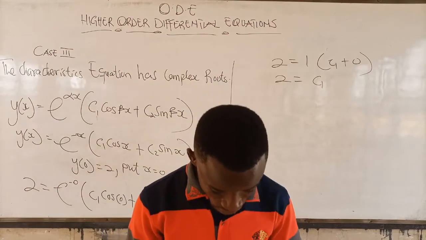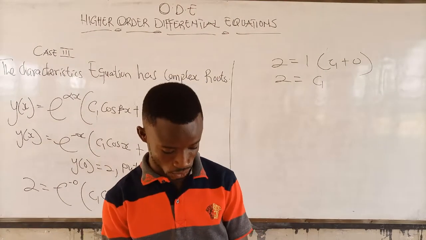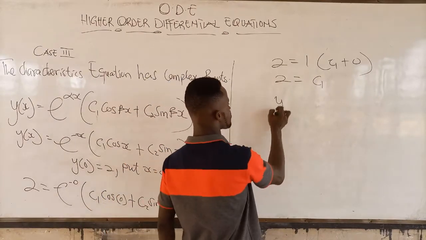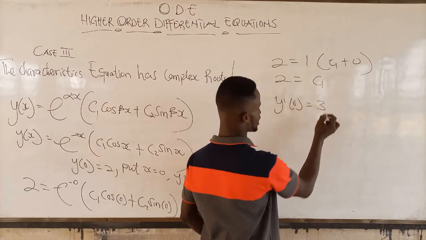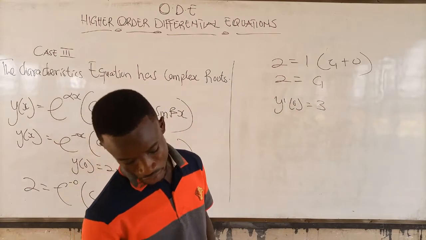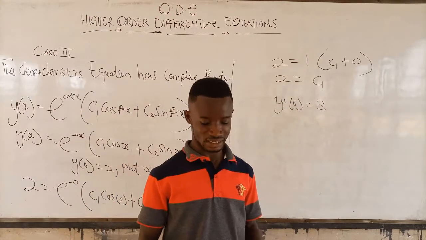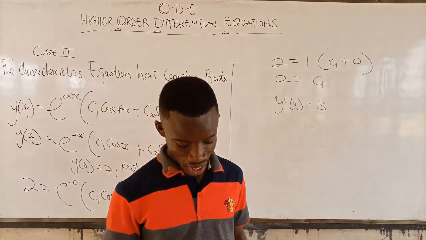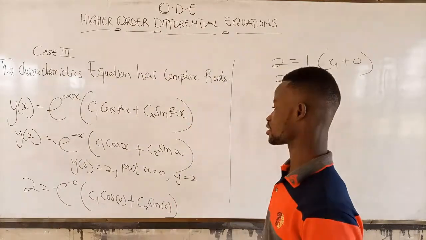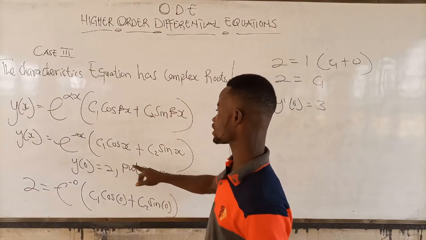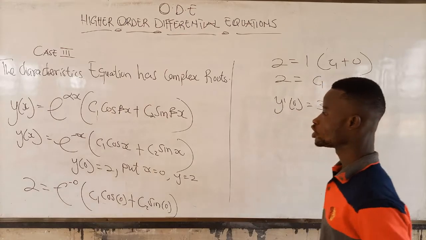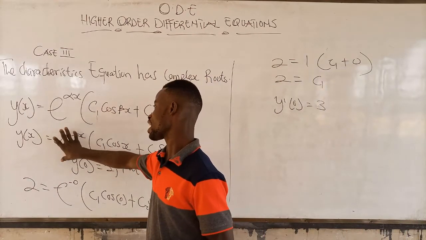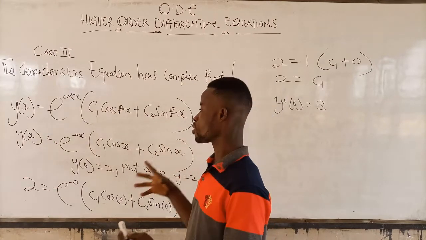Now after getting C1 to be equal to 2, since the second initial condition, y prime of 0 is equal to 3, we need to go for the first derivative of this general equation. Alright. And how do we do that? To go for the first derivative of this, you can see that we have one function here, another function here, multiplying.